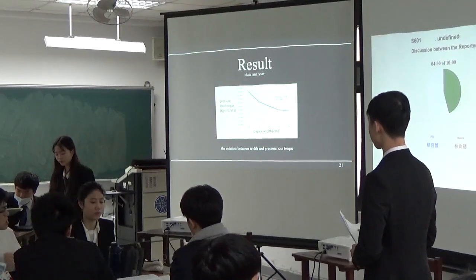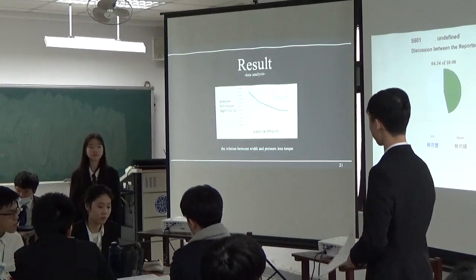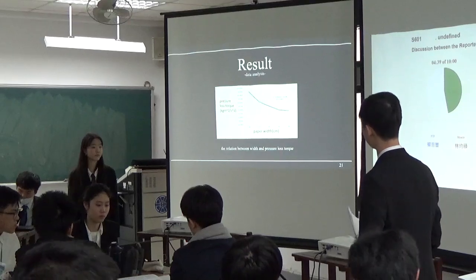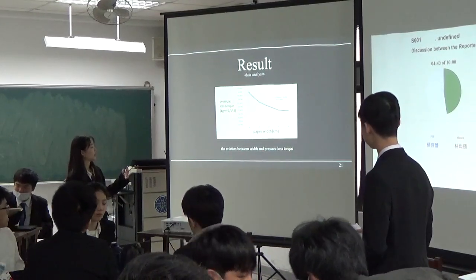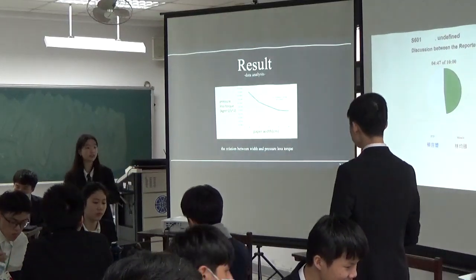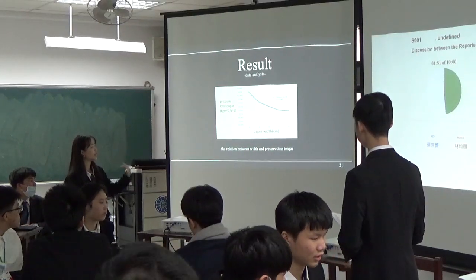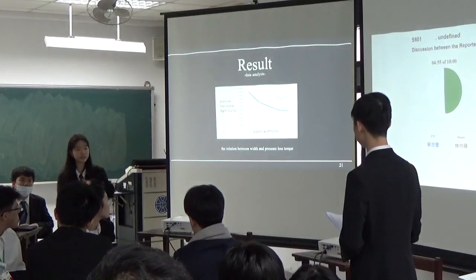You said you observed two cases of ruler falling off the table. One is sliding off, one is directly flipping over. But how do your results show these two conditions? Can you show me? Since we define it as sliding off the table, all this critical value is the value when the ruler slides off the table.